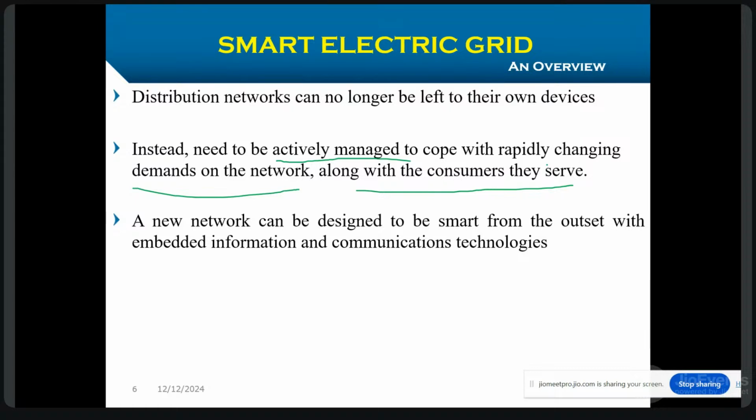So to meet all these objectives, definitely a new network can be designed to be smart from the outset with embedded information and communication technologies. We need to have the information, and that information has to be communicated to different devices.